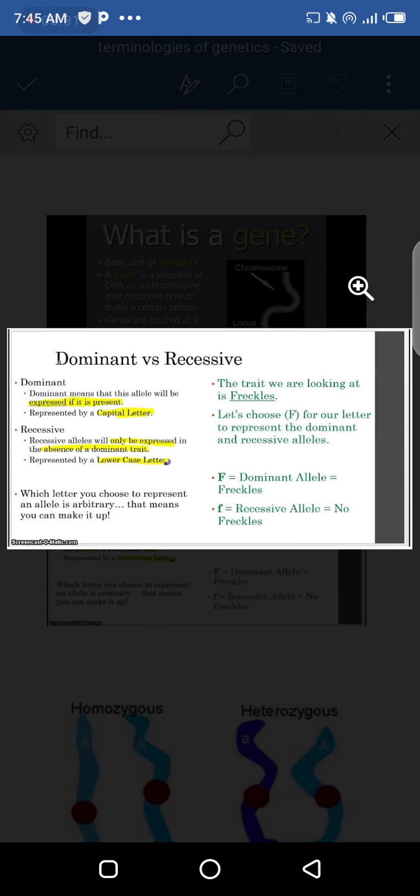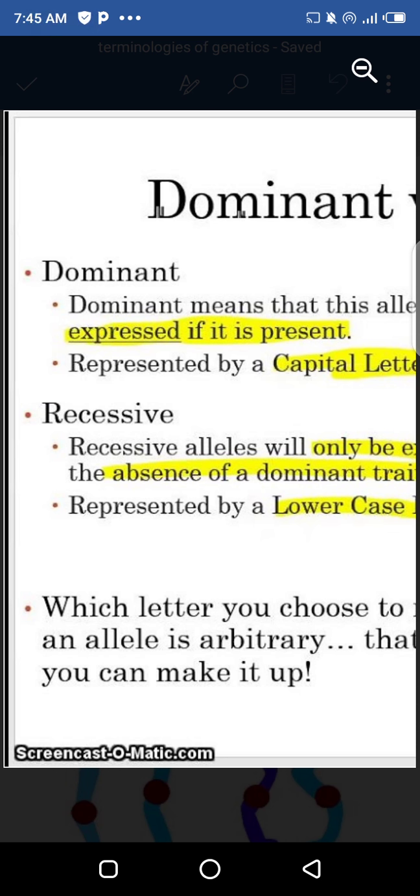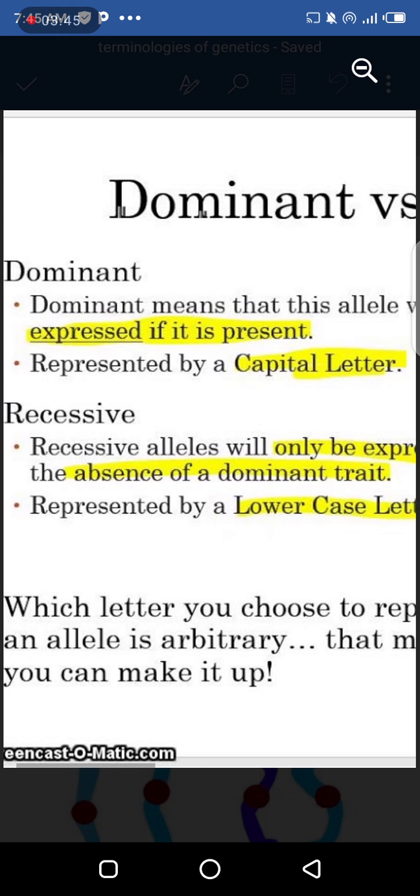Dominant and recessive. The definition of dominant and recessive. What is a dominant character? Dominant means that this allele expresses its presence. The dominant alleles are those alleles which express their presence, and they are represented by capital letters, and recessive alleles will only be expressed in the absence of a dominant trait. If there is no dominant trait present, the recessive allele will express itself.